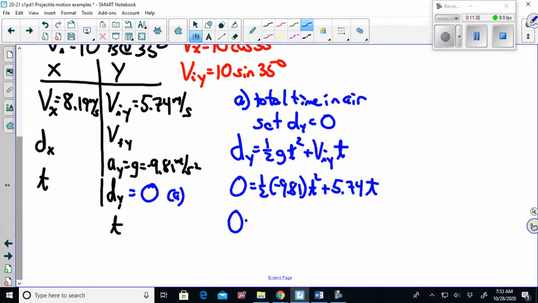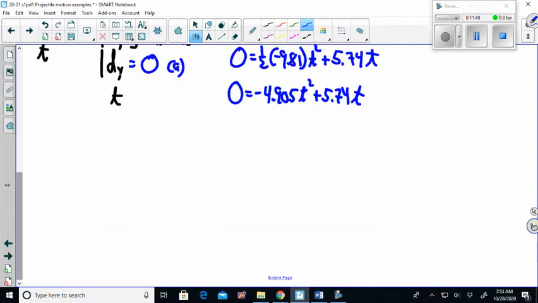Simplifying my problem here, negative 4.905 t squared plus 5.74 t. Just like we had in the last chapter, that's a quadratic. The simplest way to solve this quadratic is to factor it. Right, so I'm going to pull my t out.